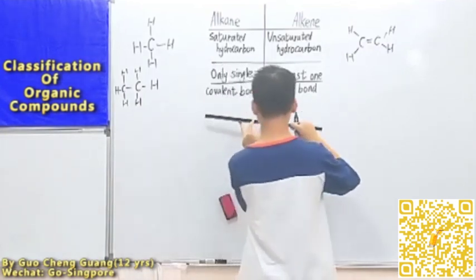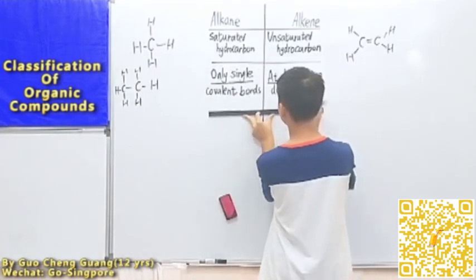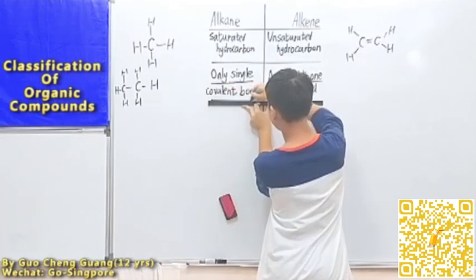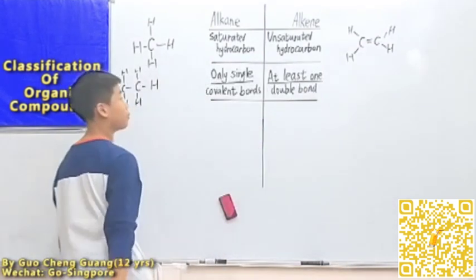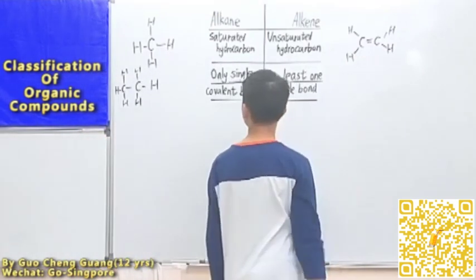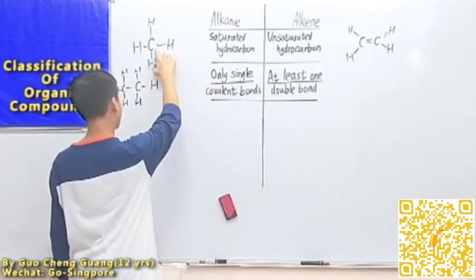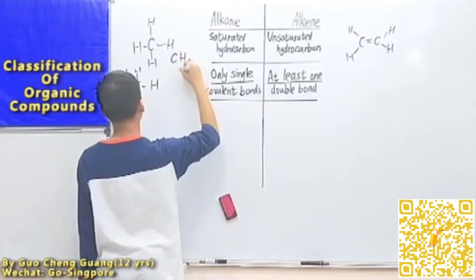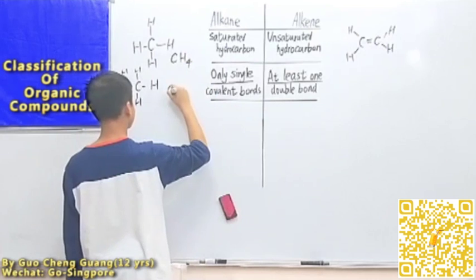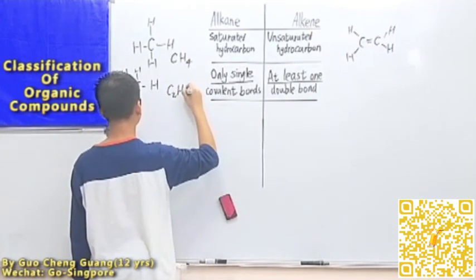So the next part, let's look at a pattern that follows. How many carbons? 1. Hydrogens? 4. This is CH4. For here, you have C2H6.